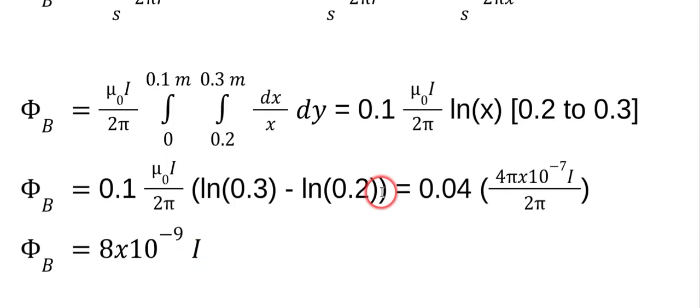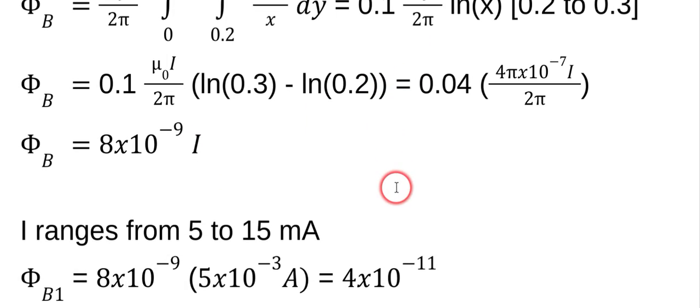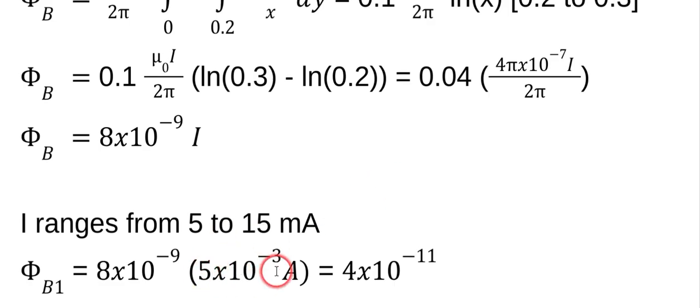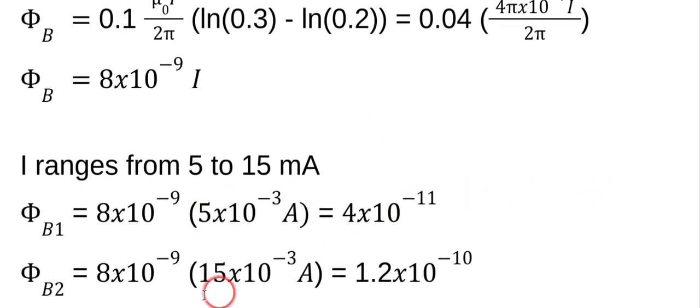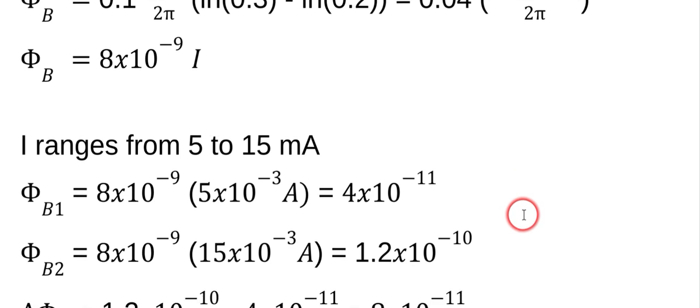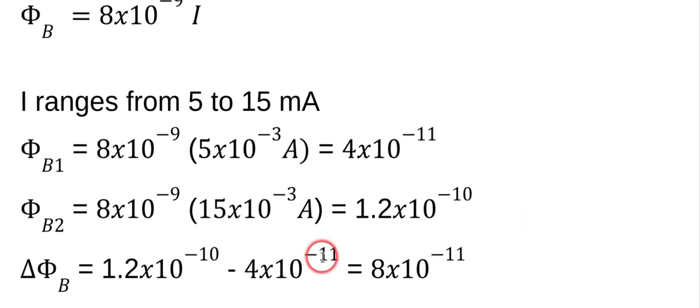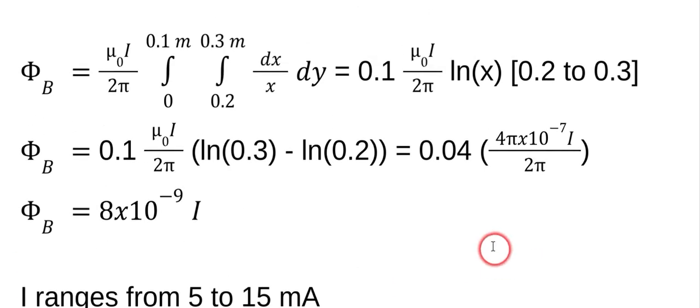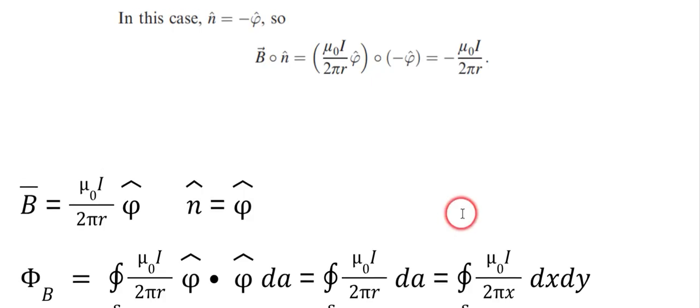So we just take a delta. We put in our 5 milliamps and calculate, put in our 15 milliamps and calculate, and just take the delta. So that's the answer, in whatever these units are, Webers, they're Wb, whatever that is.